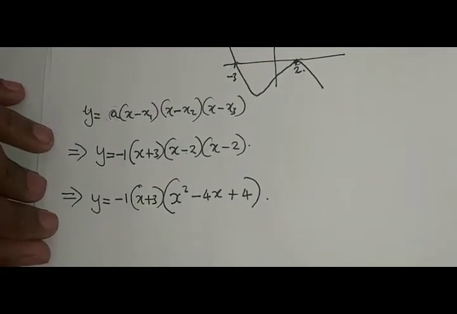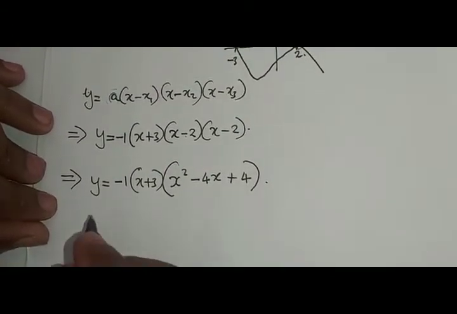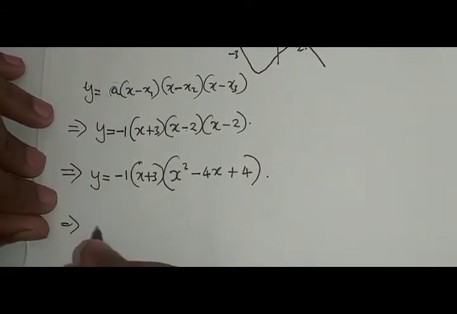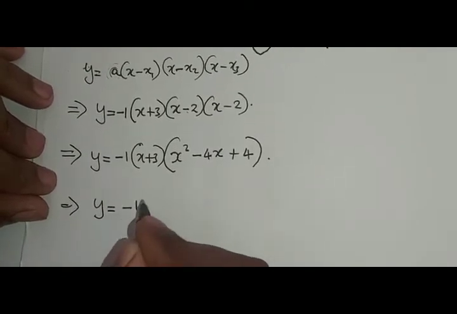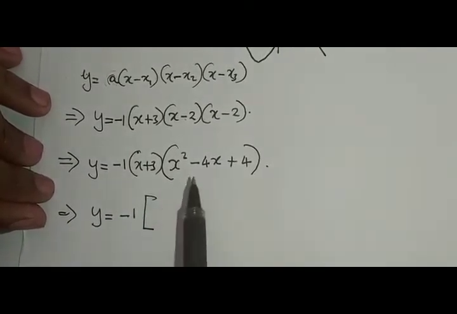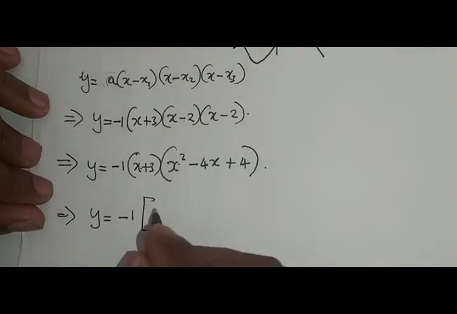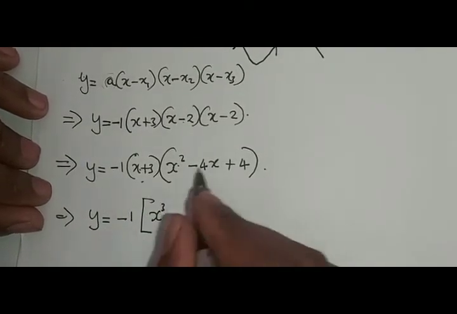You can confirm that one. Then from there, we now expand this, which now implies our y equals to, I keep my minus 1 outside, x times this, it will give me x cubed.